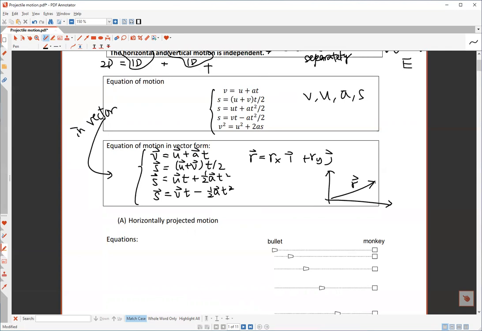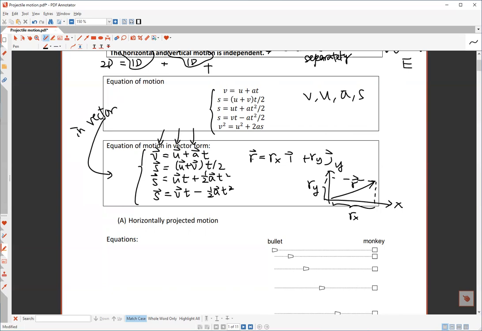Rx is the component of this vector along the x-axis, while Ry is the component along the y-axis. If you write down the final velocity, initial velocity, and acceleration in vector form, then you just substitute into these equations of motion. Then you finish the projectile motion.